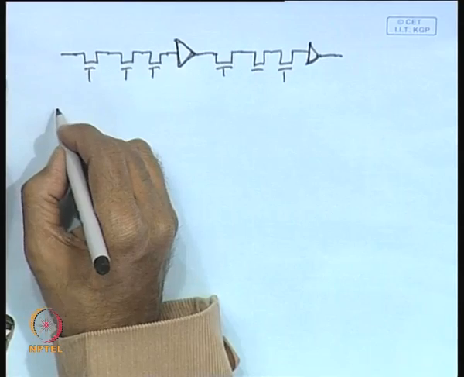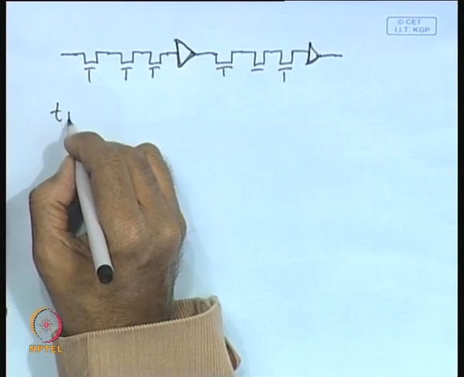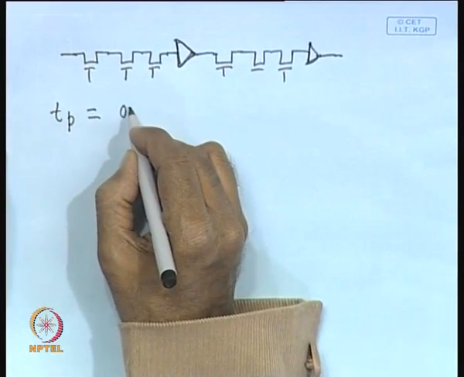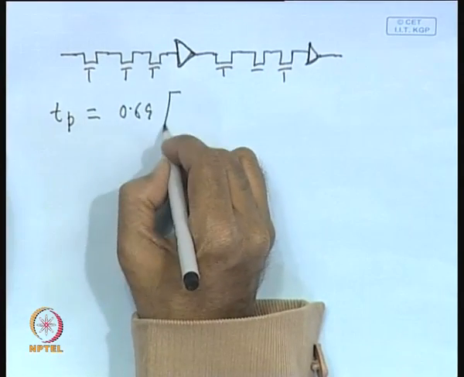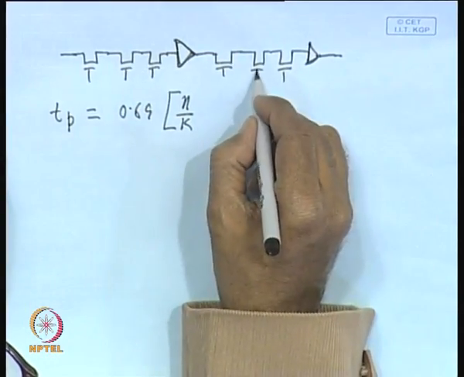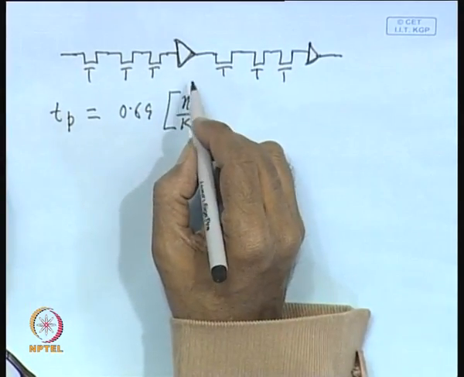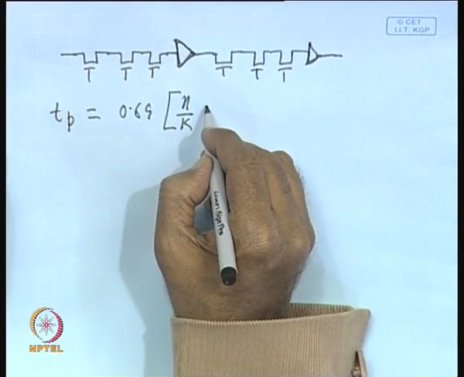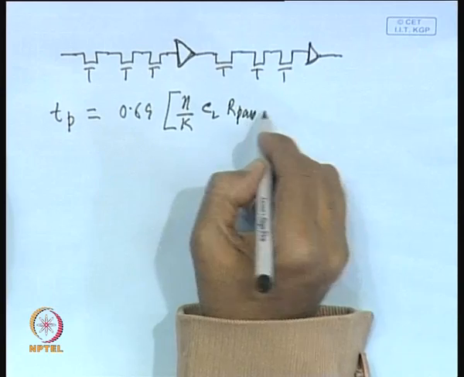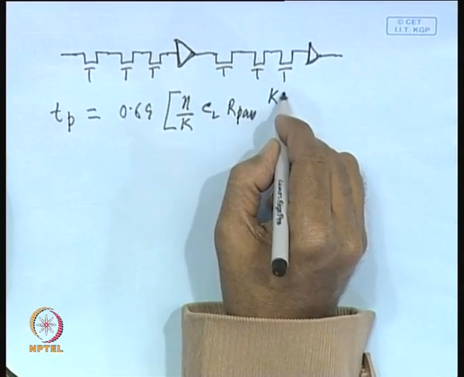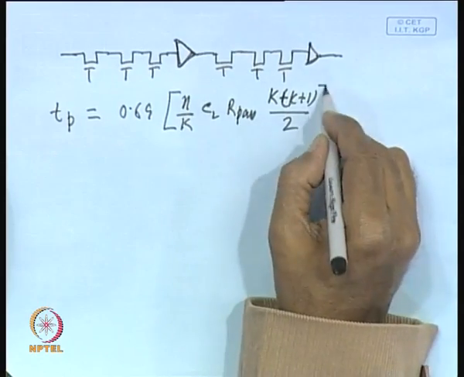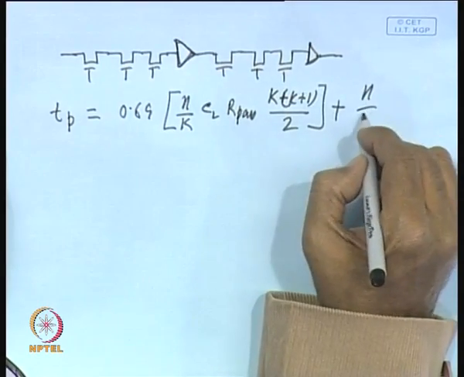It has been estimated following that Elmore model, this delay will be equal to 0.69 n by k, where you have got n pass transistors and a buffer is introduced after k stages, CL into R pass into k into k plus 1 by 2, plus n by k minus 1.